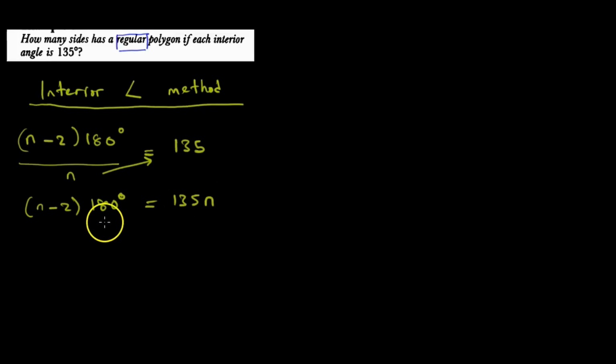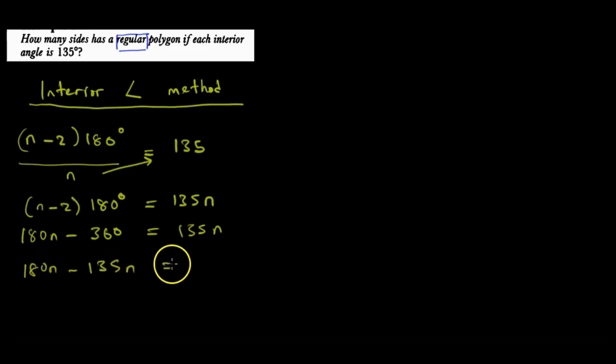Okay, so we expand to left. 180n minus 360 is equal to 135n. Collect like terms. 180n minus 135n is equal to 360. So what is 180 minus 135?